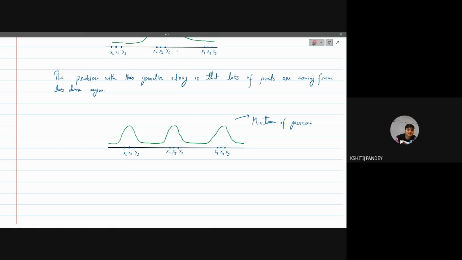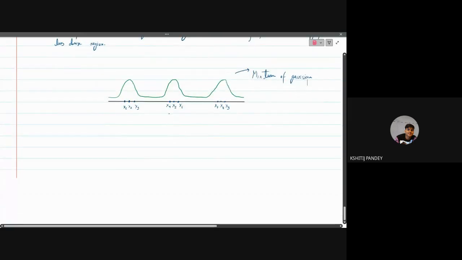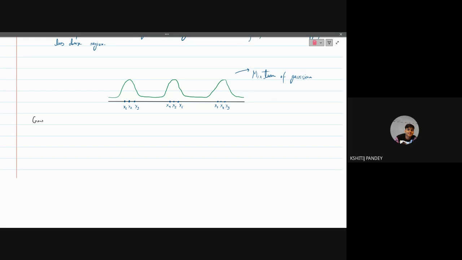Now the data here is generated in two steps. Let me write the generative story for this. In step one, we choose the mixture from which the point is getting generated.